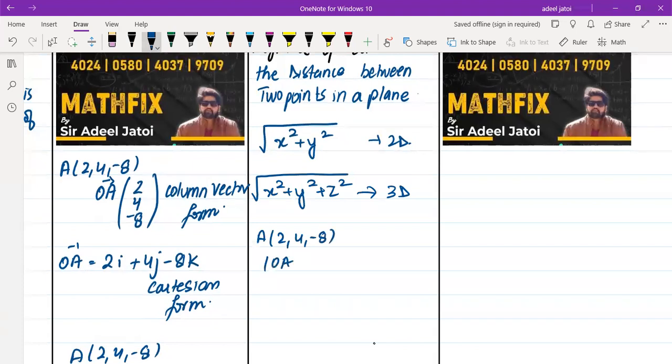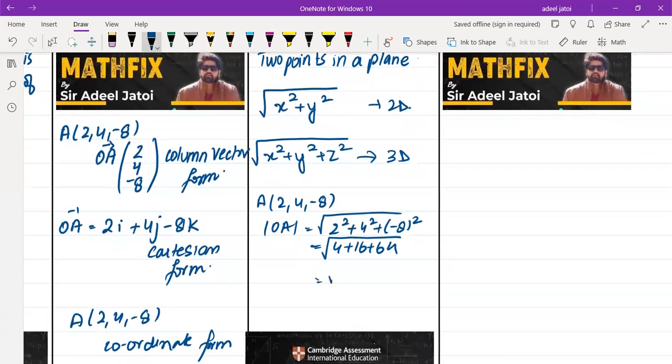So I need the magnitude of OA. This would be under root 2 square plus 4 square plus negative 8 square, which is 4 plus 16 plus 64. So under root 84 will be 2 under root 21, which is 9.17 units.